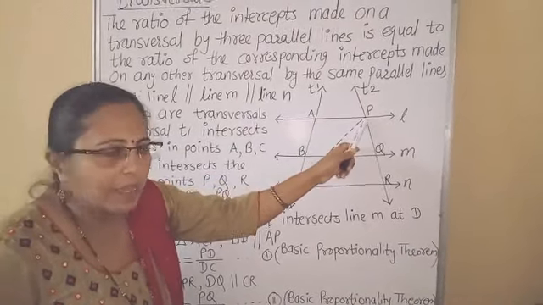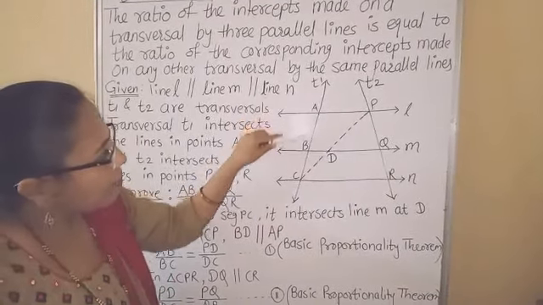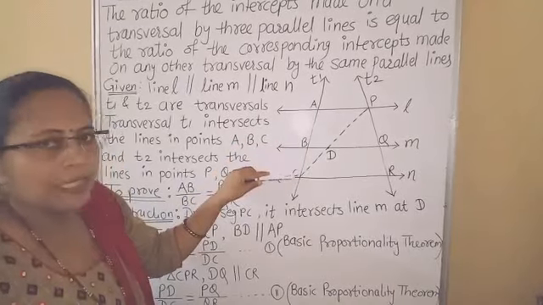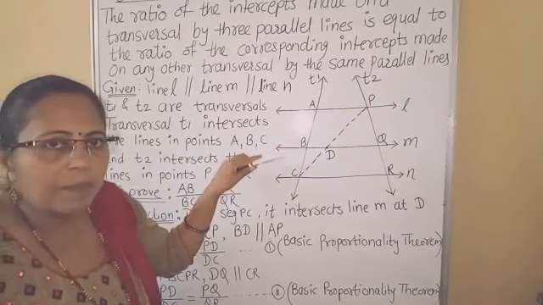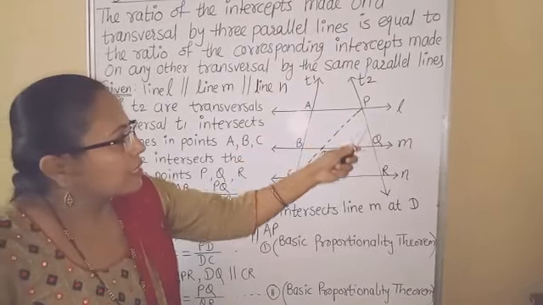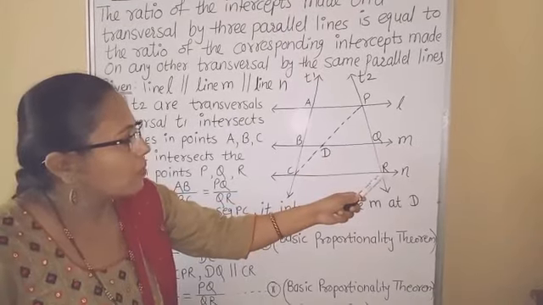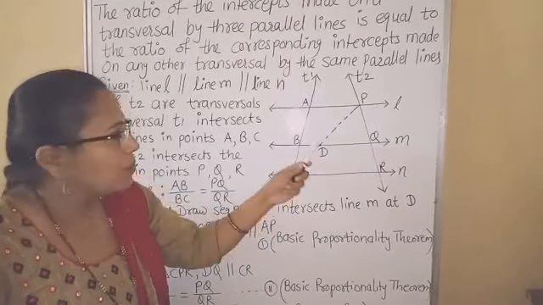So students, we have to prove that the ratio of intercepts on one transversal, AB upon BC, is equal to the ratio of intercepts on the other transversal, PQ upon QR. Followed, what we have to prove?